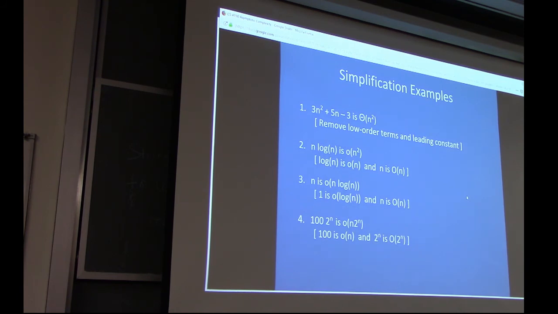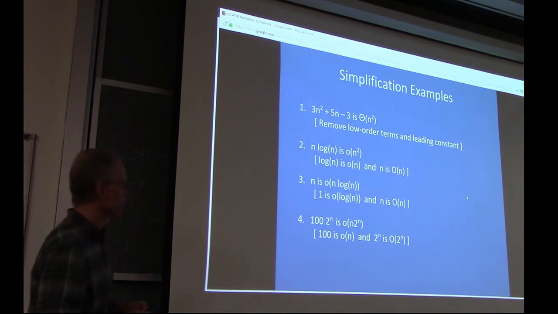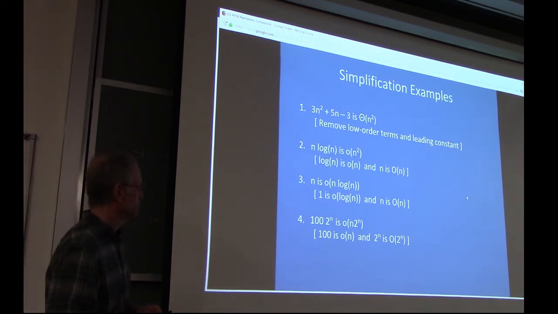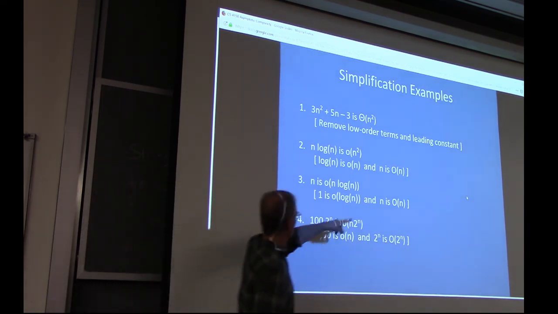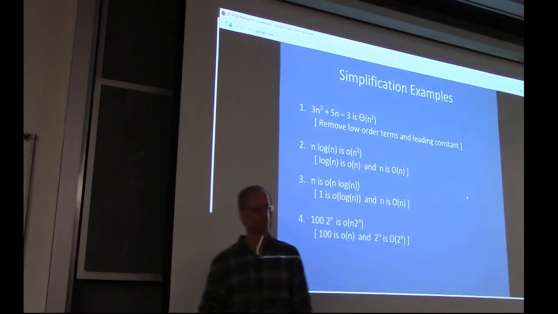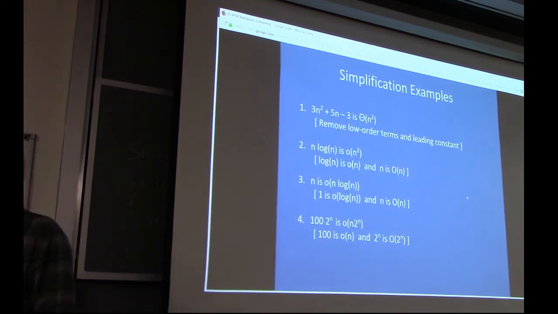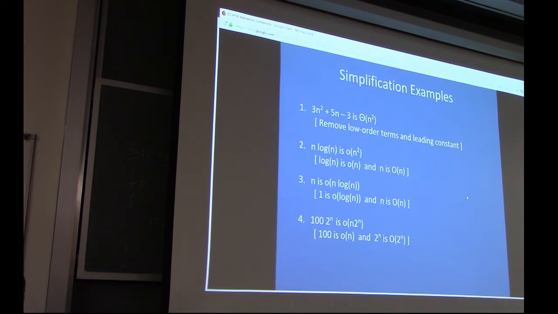Just to clarify, there has to be at least one little o for the proof, and all these have a little o and a big O. I think it's useful to think of it like when you have your greater than or less than signs, you always need to have the equal to in there as well, which the big O has, and the little o doesn't, if that makes sense.